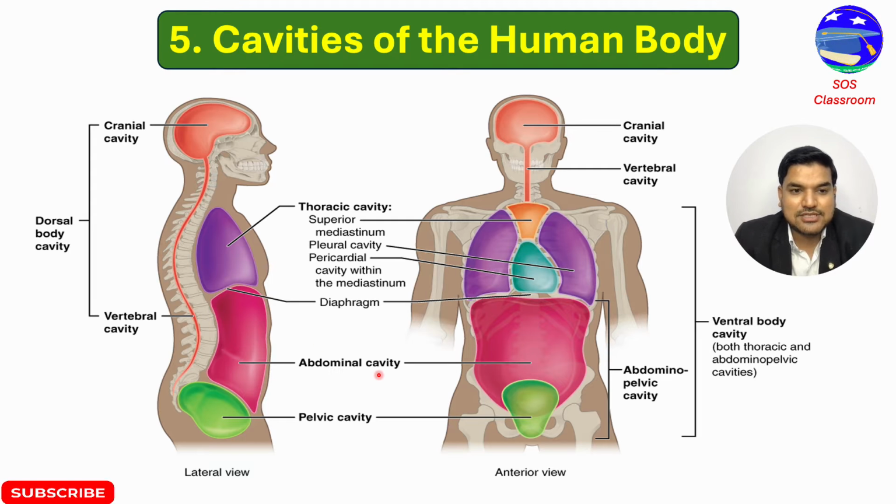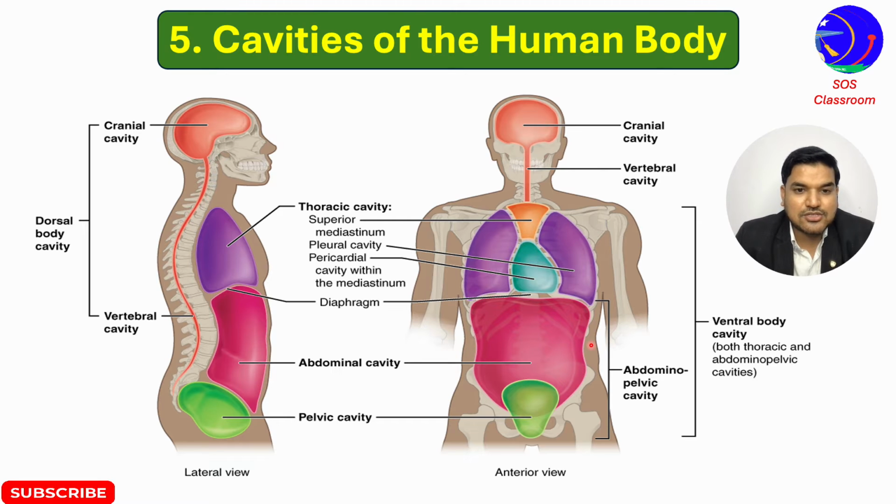In the abdominal cavity, the organs protected are the small intestine, large intestine, stomach, liver, pancreas and a major portion of the large intestine, and the rectum portion comes under the pelvic cavity. The pelvic cavity protects the reproductive organs in males and females.